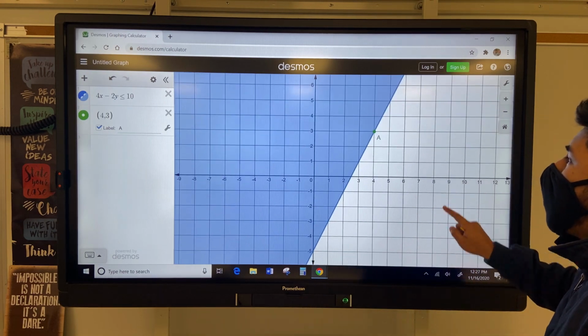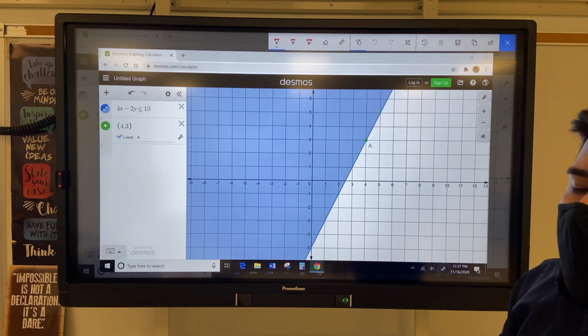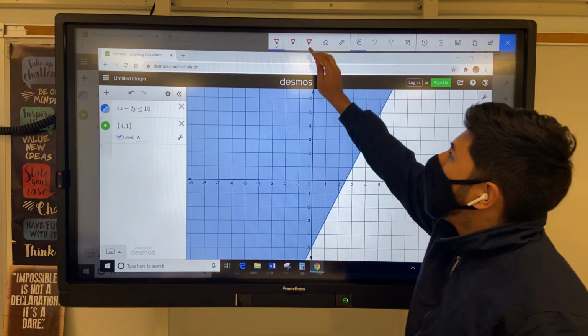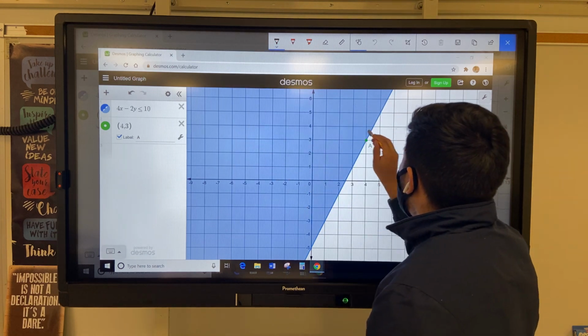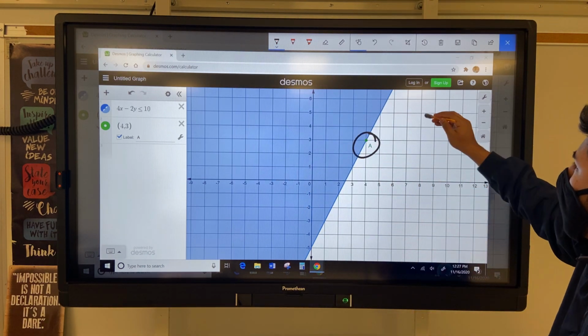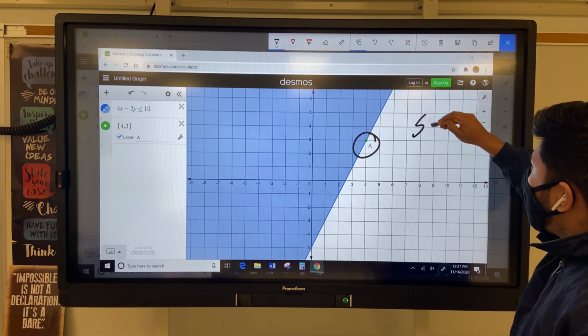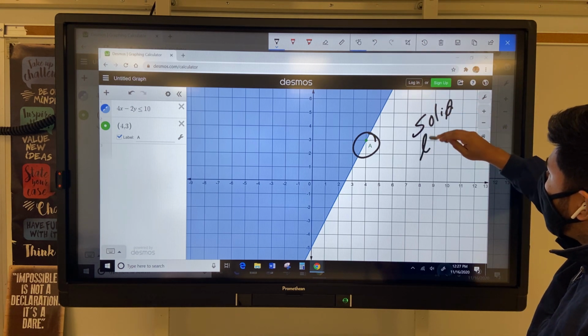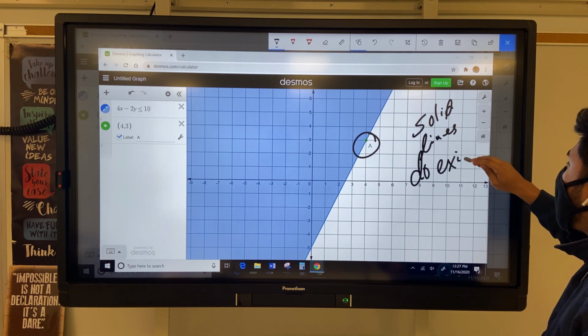So here, ladies and gentlemen, this one is on the solid line. Now, solid lines do exist.